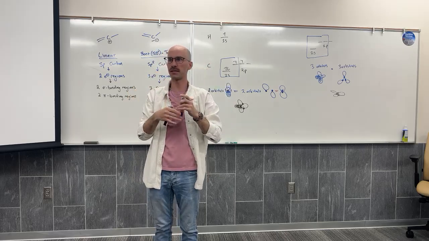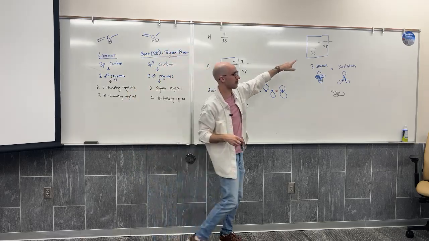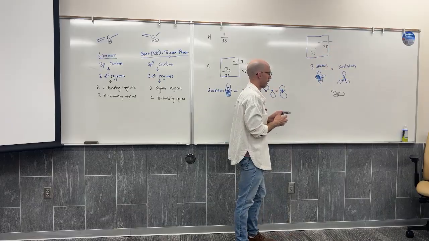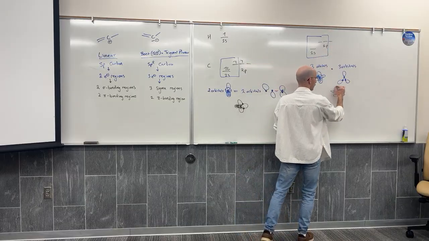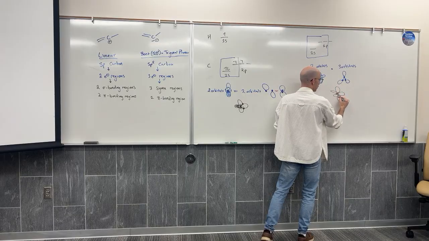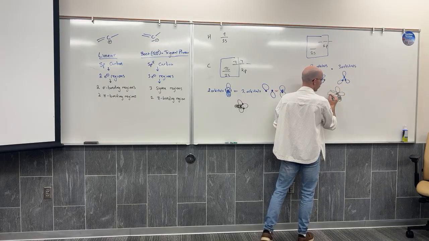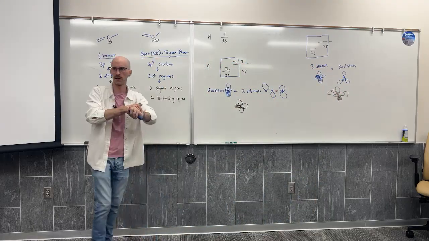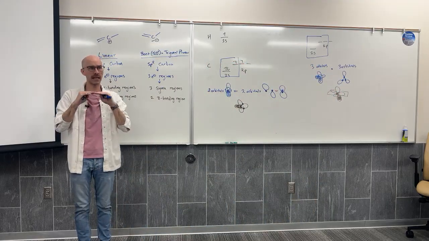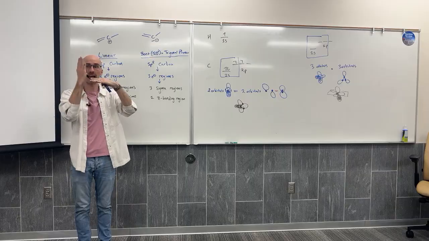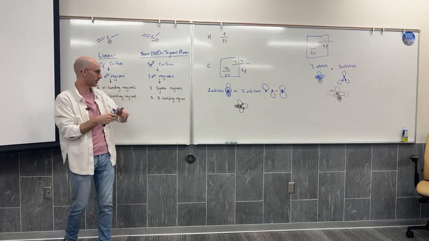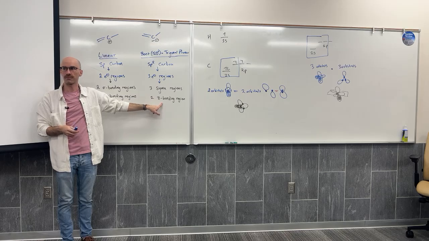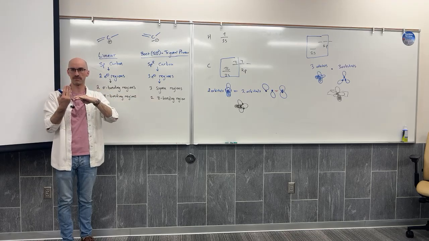I want to show you where the missing p orbital is, because remember there is an unhybridized p orbital, and that p orbital runs perpendicular to these 3 orbitals, to this new plane. sp2 is planar, and that pi region, that one remaining p orbital, is perpendicular to that plane.